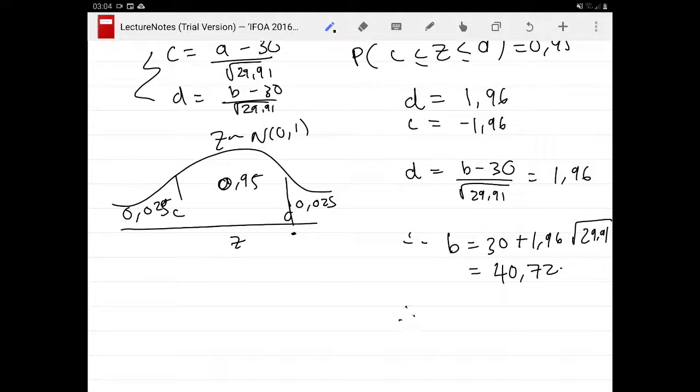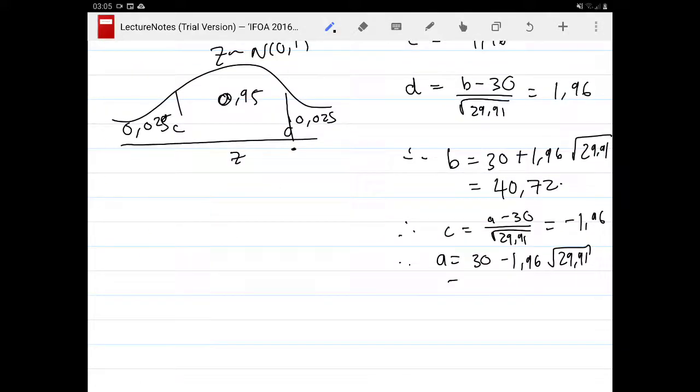For C, C is equal to A minus 30 over square root of 29.91, equal to negative 1.96. Therefore A is equal to 30 minus 1.96 times the square root of 29.91, and you get A equal to 19.28.